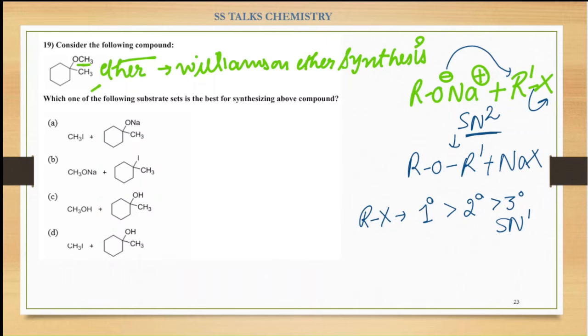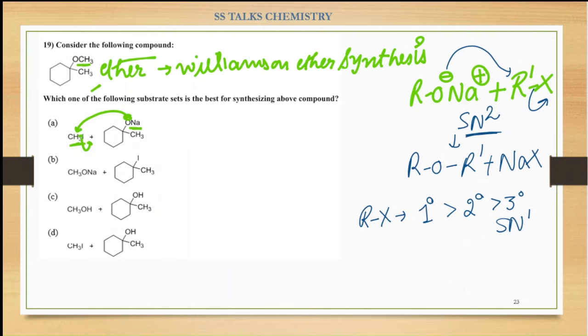So in option A, the alkoxide has been given and it is attacking the alkyl halide, which is basically methyl iodide. There is no steric hindrance, so this O negative can directly come and attack this methyl group, and the iodide will leave. That means this attack is feasible.